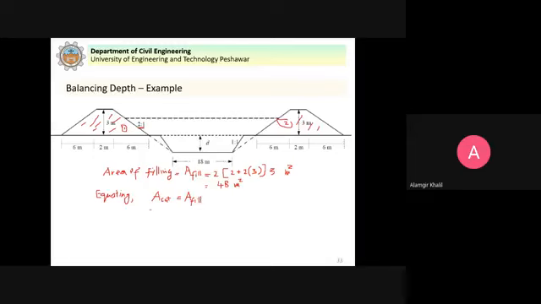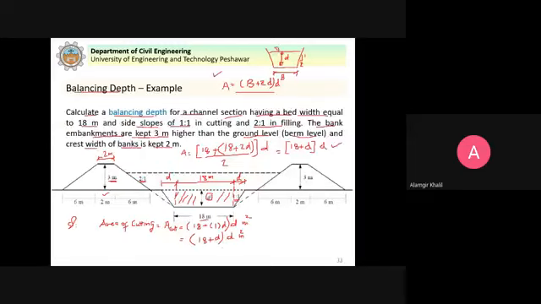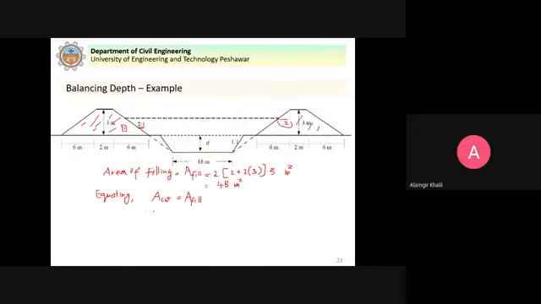So what was the area of cut? 18 plus D into D. So this is 18 plus D into D, and this is equal to 48.